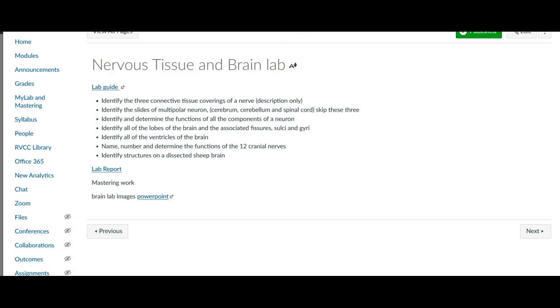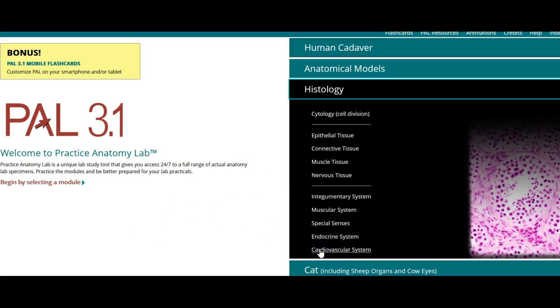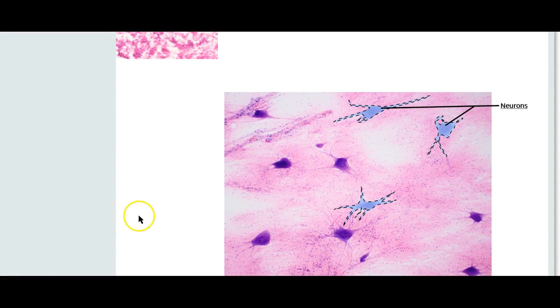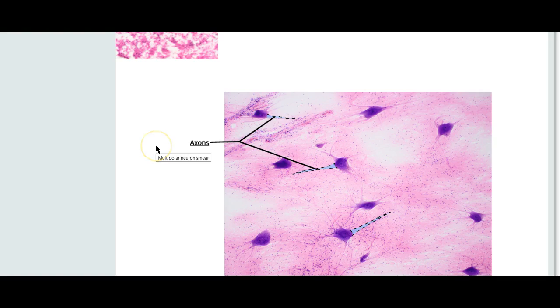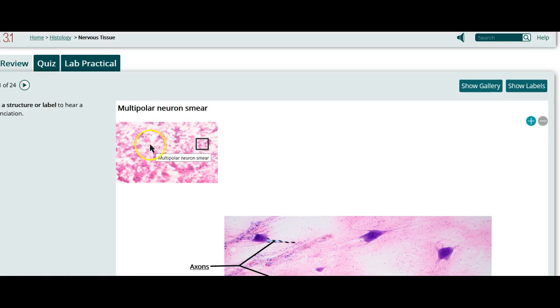If you want more pictures, you can go to Practice Anatomy Lab. If you do histology and nervous tissue, those multipolar neurons there look a heck of a lot like the multipolar neuron in your lab book.